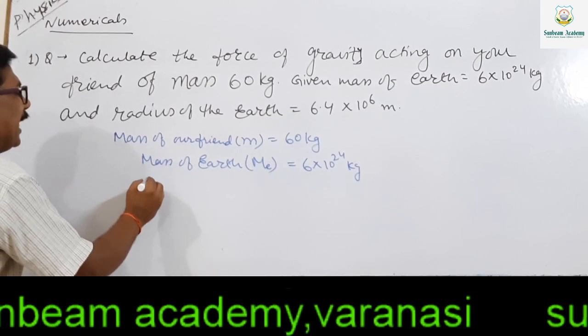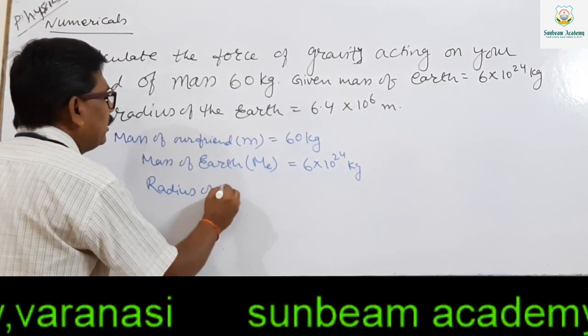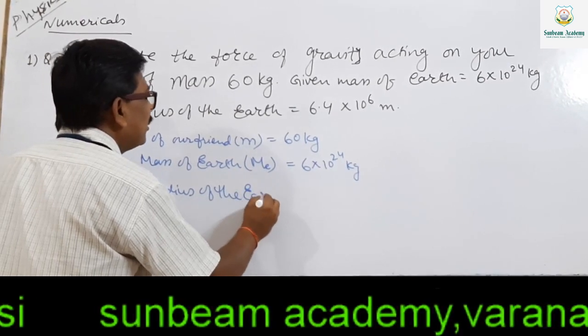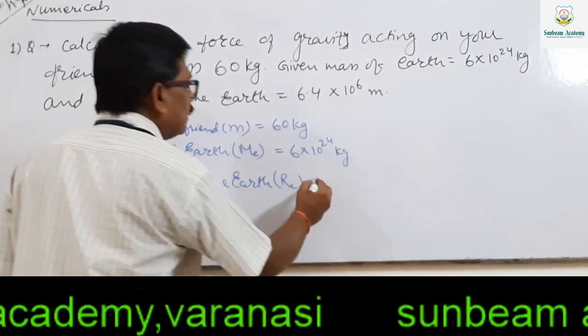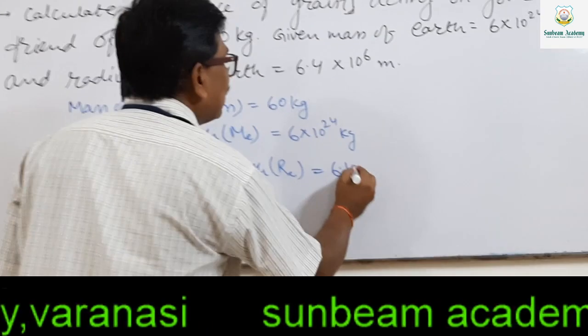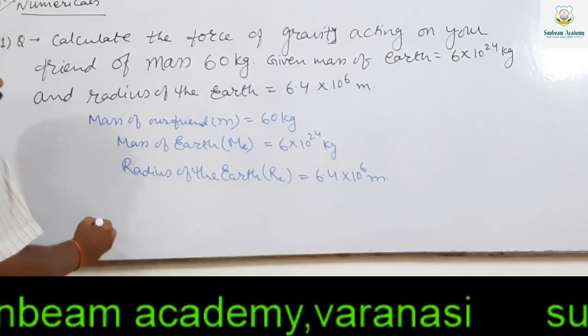Now radius of the earth, that is RE or R, given 6.4 into 10 to the power 6 meter.